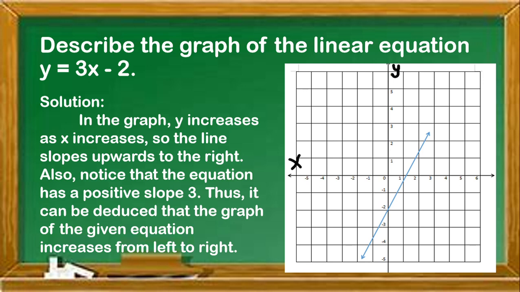So in the graph, y increases and x increases. So the line slopes upwards to the right. Also notice that the equation has a positive slope 3. Thus, it can be deduced that the graph of the given equation increases from left to right.